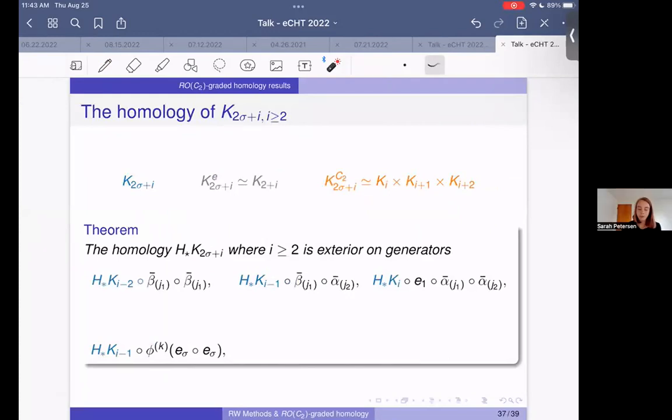So one can prove that the homology of the spaces 2 sigma plus I is exterior on generators given by taking circle products of generators in non-equivariant homology with generators in equivariant homology, and there's some specific indexing conventions that will tell you which of these generators this should be.